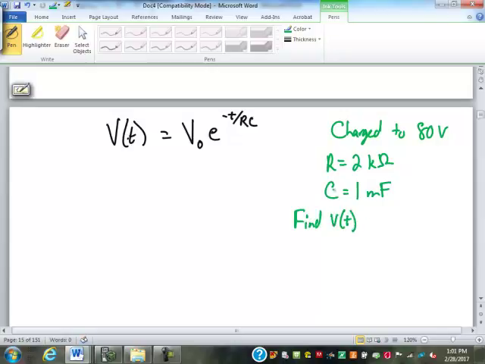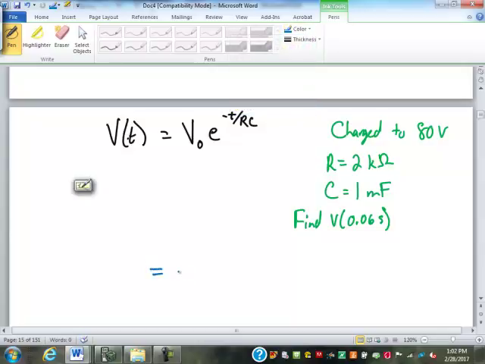And let's find V(t). I'm going to do a little bit of a notation thing with you here. So I'm V and then the 0.06 seconds in there. That's find the voltage at 0.06 seconds. So that's for t equals 0.06 seconds is what that means. It's just a little bit of notation. So I'm just going to plug it into the formula here.